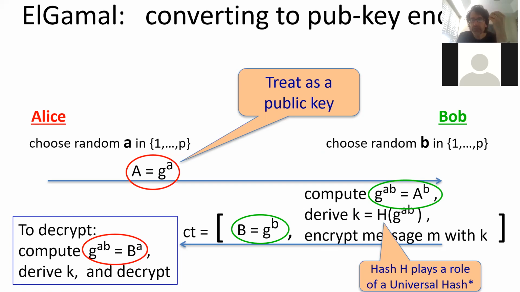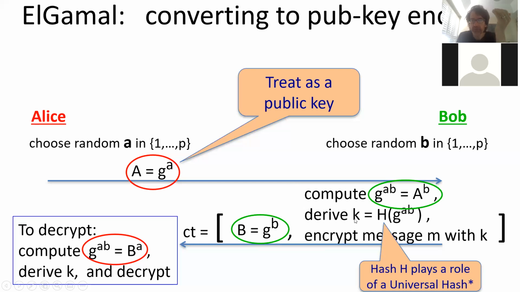The syntax is that they cannot encrypt any message they want. They just both create a little K, both the sender, Bob, and the receiver, Alice. The security is that this key K is hidden from the attacker.